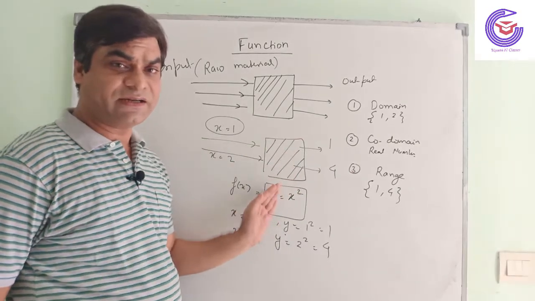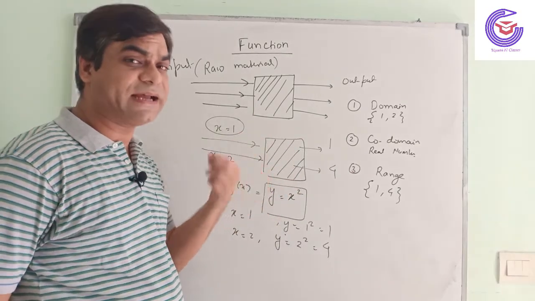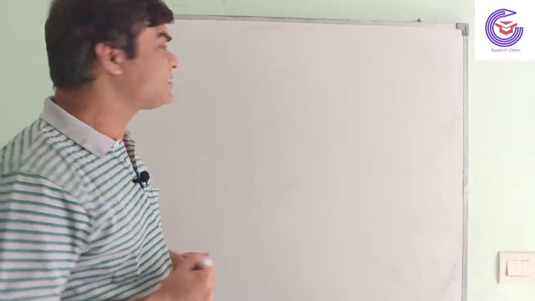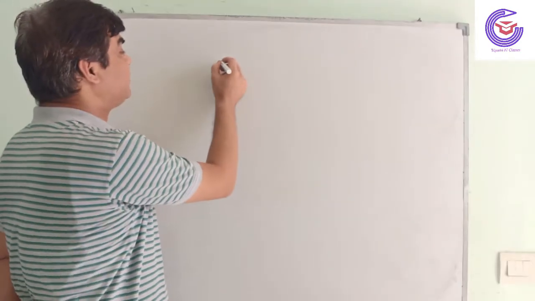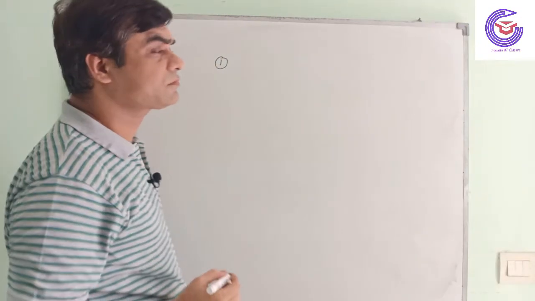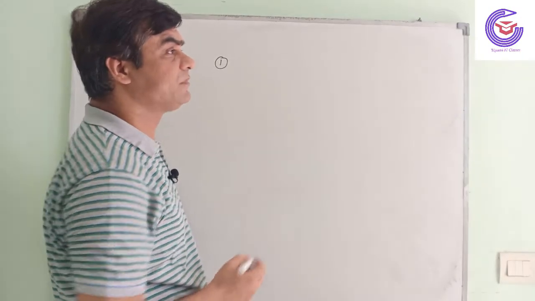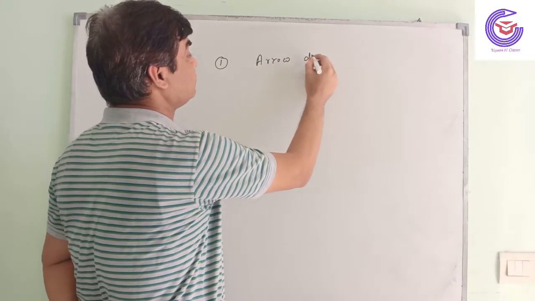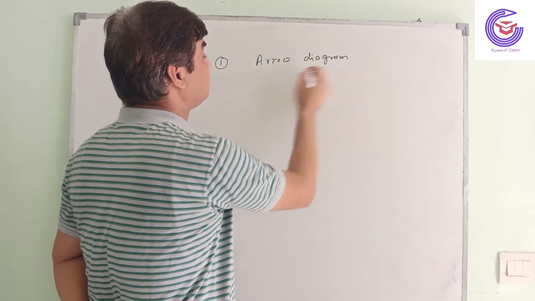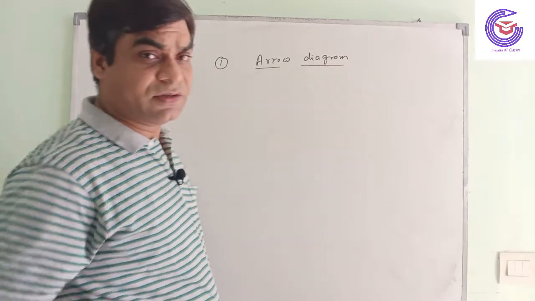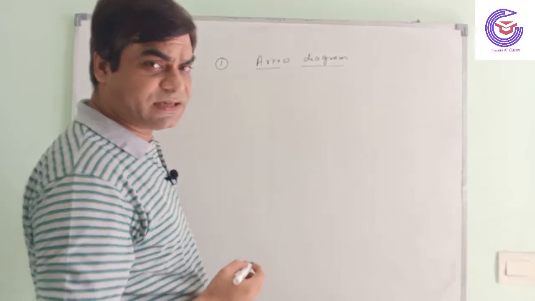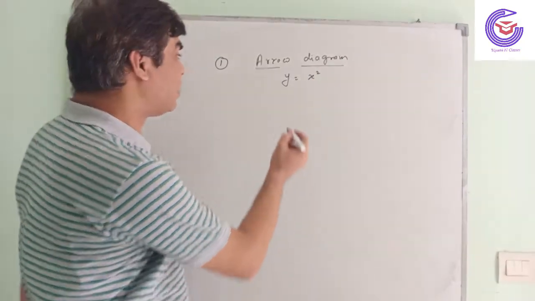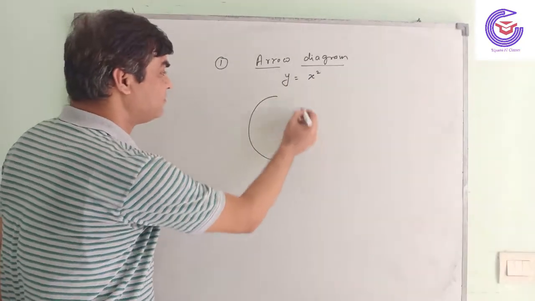Moving to the next part, we will see how a function can be represented. A function can be represented in many manners. First is the arrow diagram. The example which I had taken just now, y is equal to x square. How do you represent it in the arrow diagram?